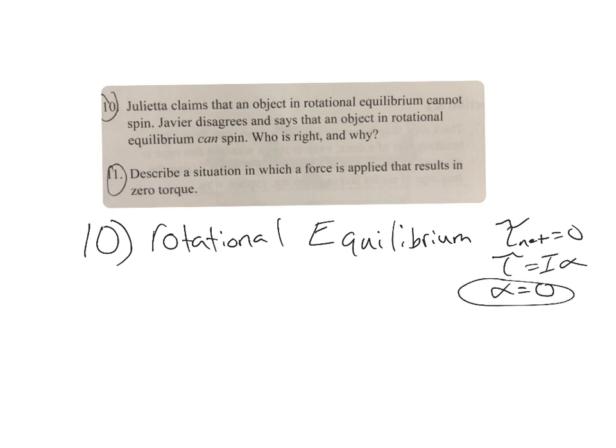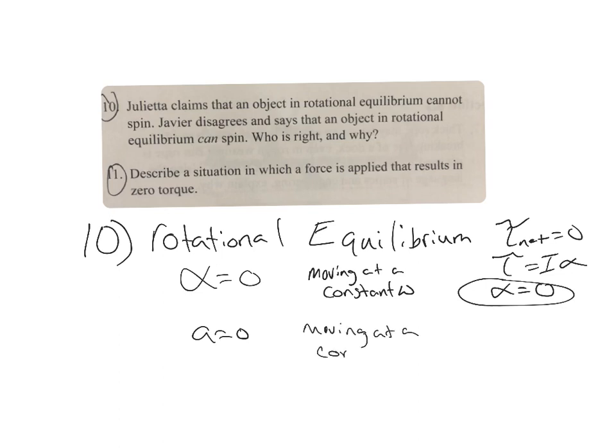Okay, but if alpha is equal to 0, it can still be moving at a constant angular speed, constant omega, just like if you don't have an acceleration, you can still be moving at a constant velocity. Okay, so just a little bit to look at there.